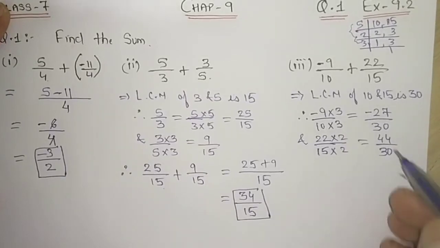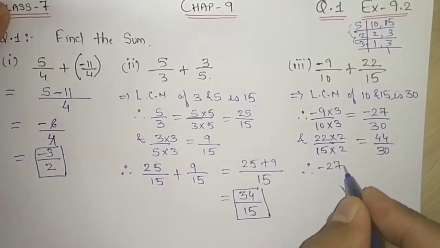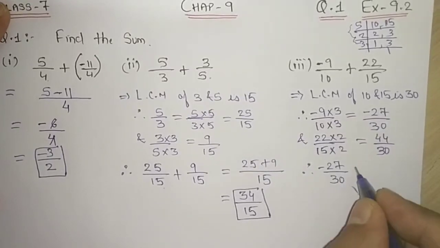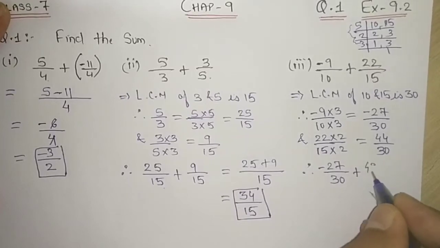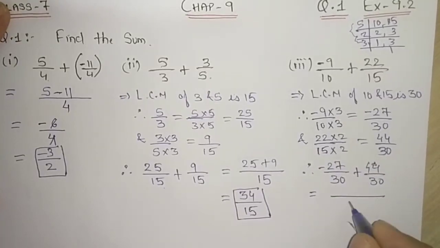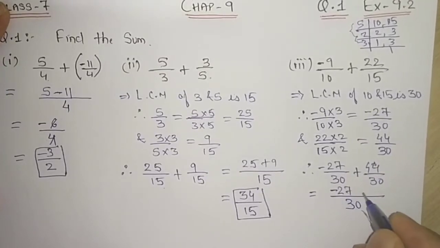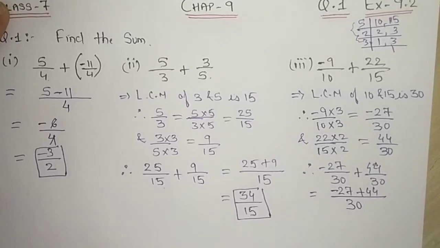Now we will add these two numbers. Therefore minus 27 by 30 plus 44 divided by 30 is equal to, LCM will be 30 and numerator we will add, that is minus 27 plus 44.